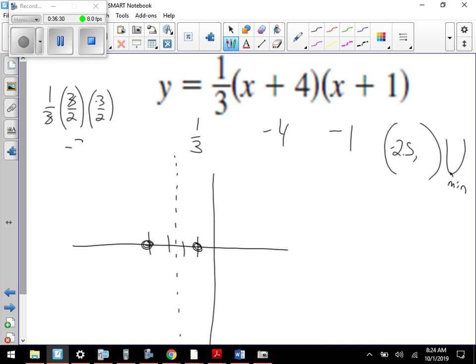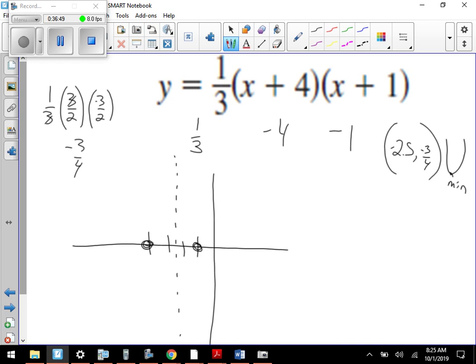So -3/4. Okay. You got negative 3/4 for your y value? Zero. What are you talking about? Oh, wow.